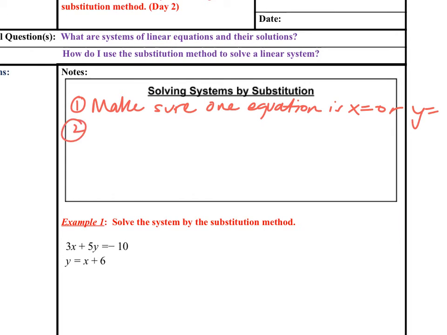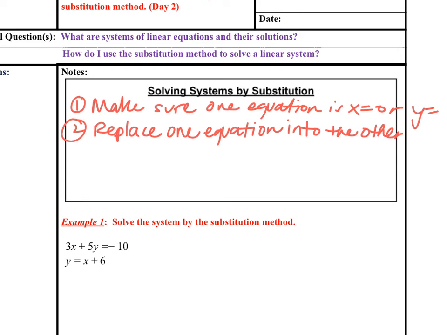If it is, then replace one equation into the other. That's what you guys did on your warm-up. After you've done that, you know how to solve an equation, so that's what you do. You solve the equation.